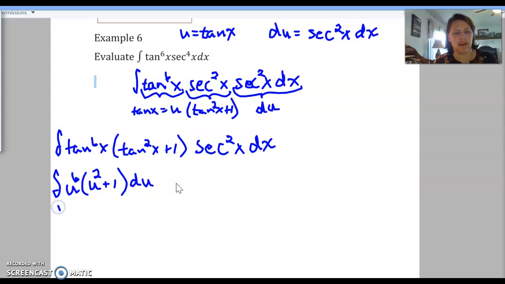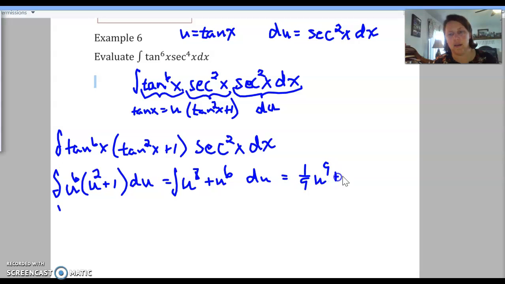So multiply that through. We have the integral of u to the 8th plus u to the 6th du, which then equals 1/9 u to the 9th plus 1/7 u to the 7th plus c.